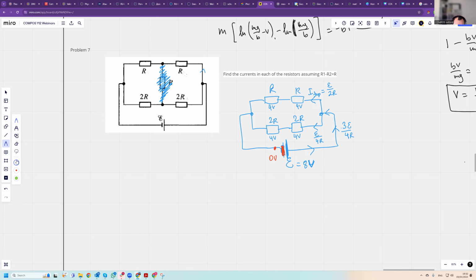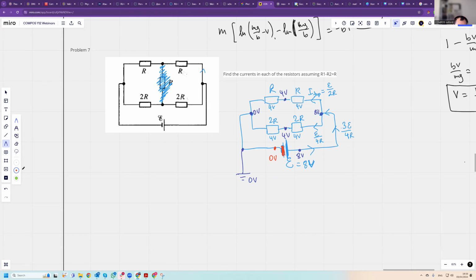We can also earth this end, like in electrotechnics, to say this is 0 volts because the ground is 0 volts. The battery increases the potential by 8 volts. So the potential here is 8 volts, the potential here is still 0 volts, and that means the potential here is 4 volts and the potential here is 4 volts.